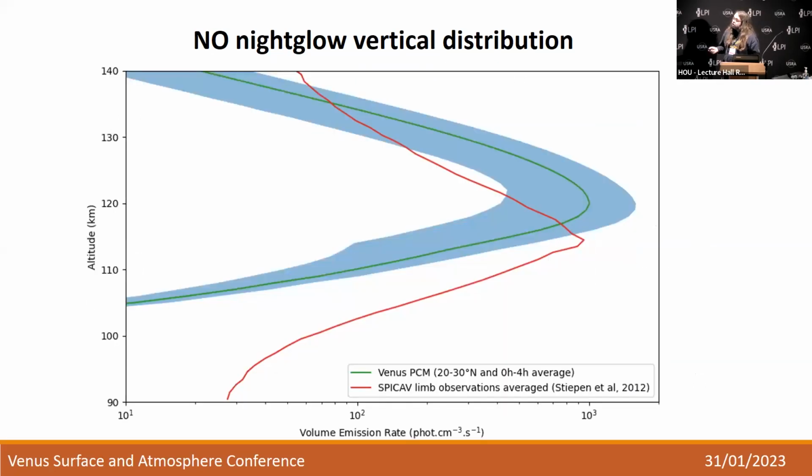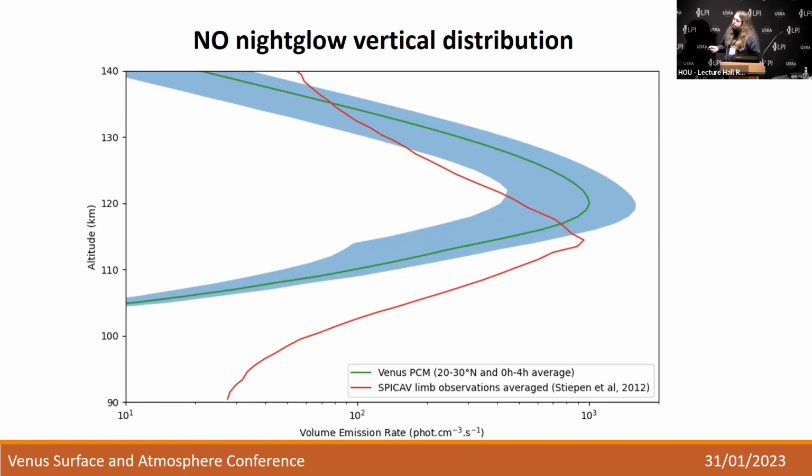If we take a look at the average profile of the distribution of the nightglow, in red is the data from Stevens et al. 2012, which is Picard limb observations that are inverted and averaged.